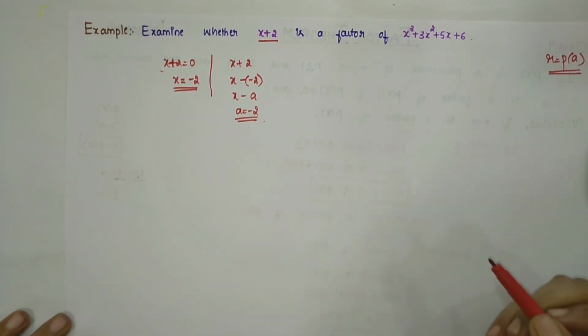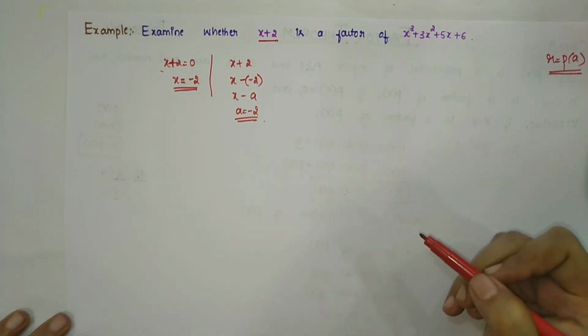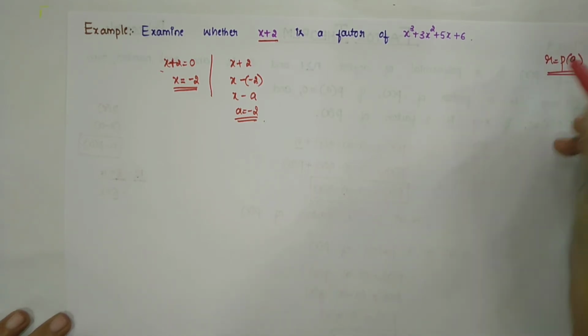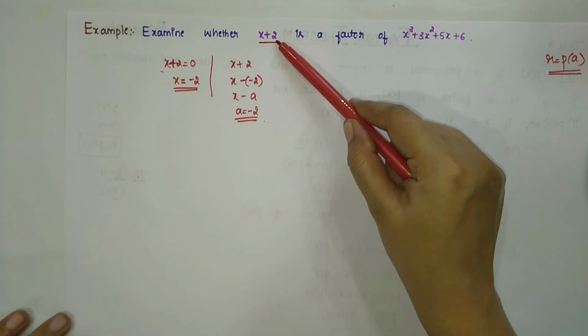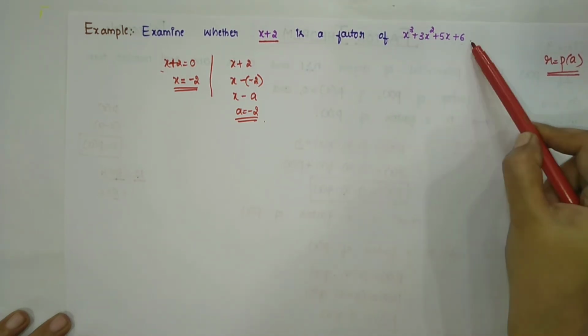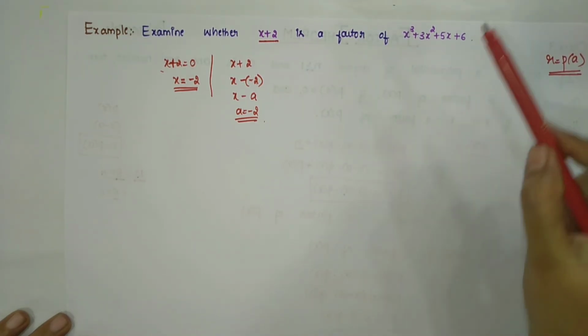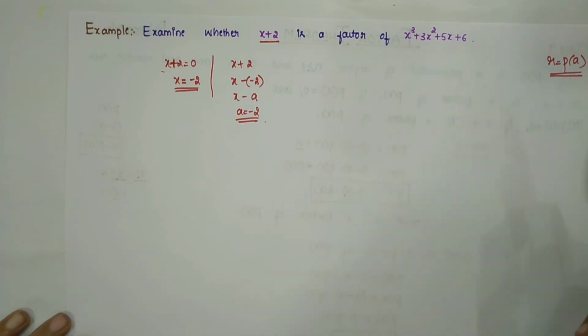And by the remainder theorem we know that to find the remainder, we should find the value of P of a. Here we can consider this linear polynomial x plus 2 as a factor of this polynomial only if we get the remainder equal to 0.